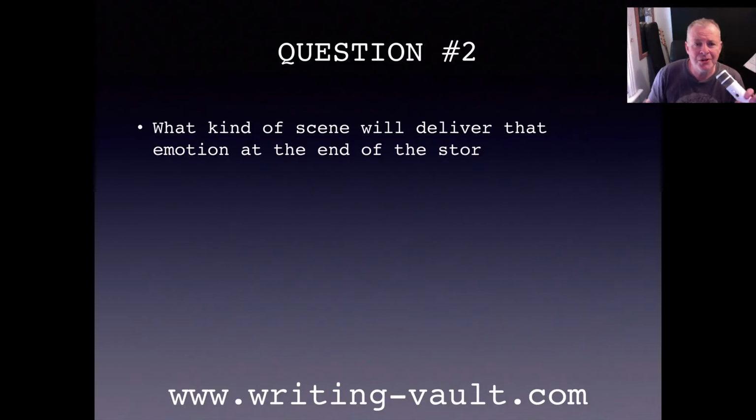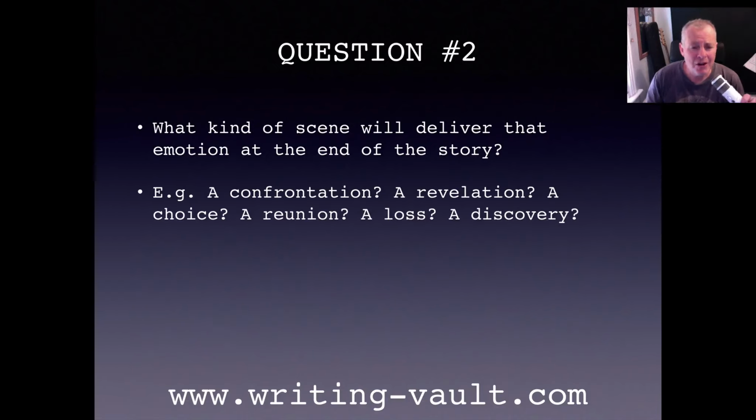So, question 2. What kind of scene will deliver the emotional impact that you just thought about in the previous question at the end of the story? Is it a confrontation, a revelation, a choice, a reunion, a loss, a discovery, death, birth? The kind of emotion you want to trigger will naturally be connected to certain kinds of events more than others.